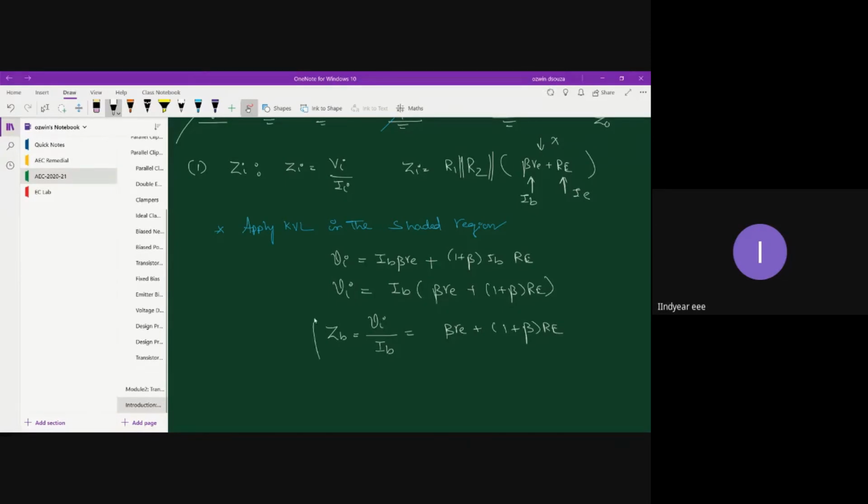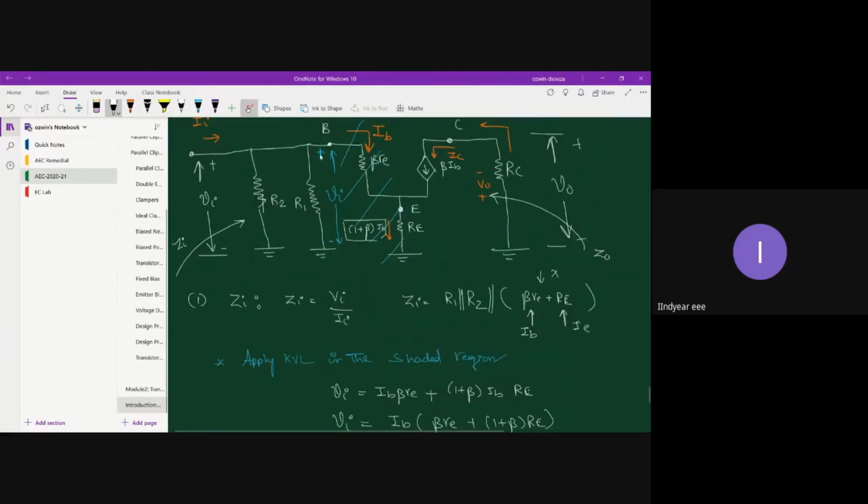So what we have done is found an equivalent impedance ZB as seen from the base terminal to the emitter terminal, which is very close to your RE model elements.